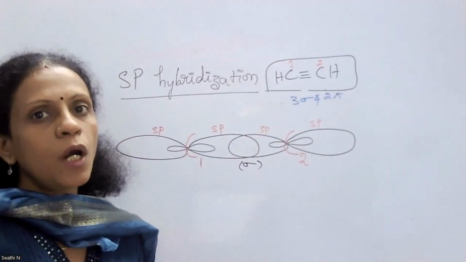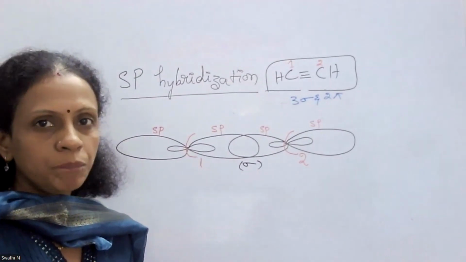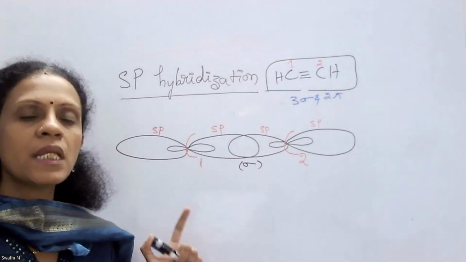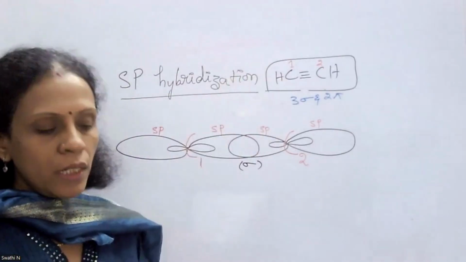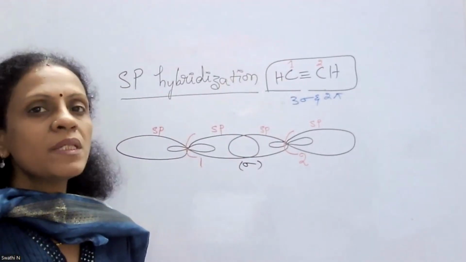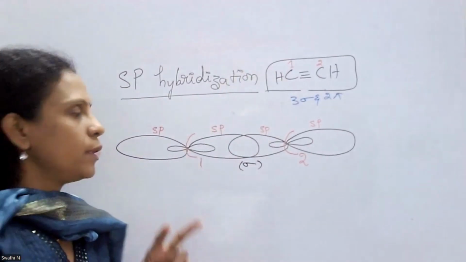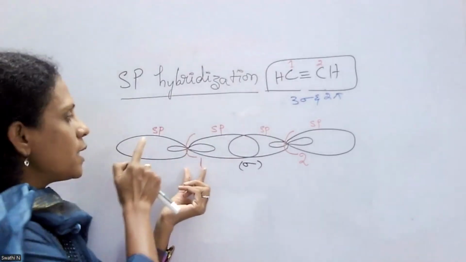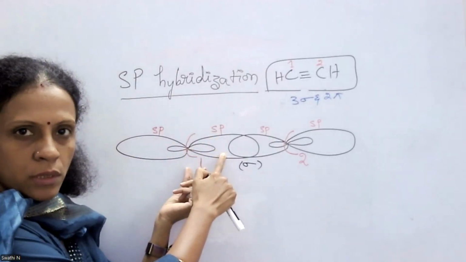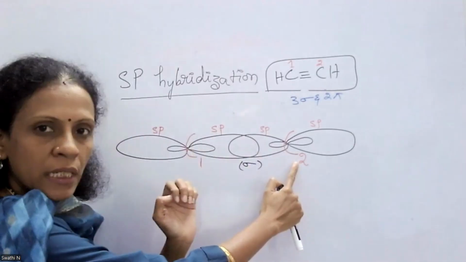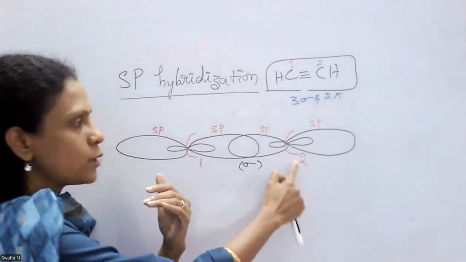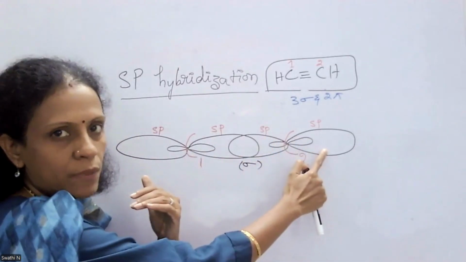Let me first explain how these 3 sigma bonds will be forming. As I explained previously, each of the carbon is now involved in sp hybridization. That means there will be formation of 2 sp hybrid orbitals. With respect to C1, these are the 2 sp hybrid orbitals, and similarly with respect to C2, that is the second carbon, there will also be formation of 2 sp hybrid orbitals.